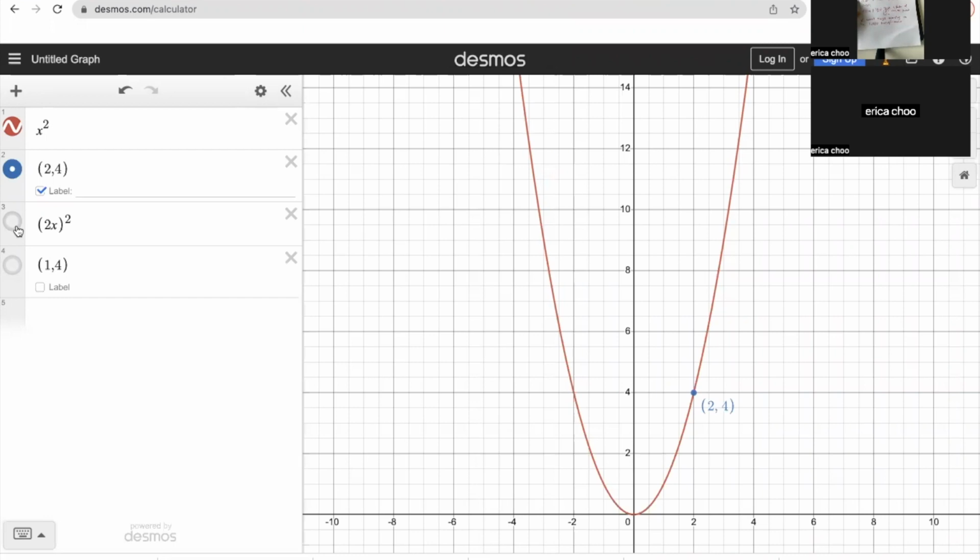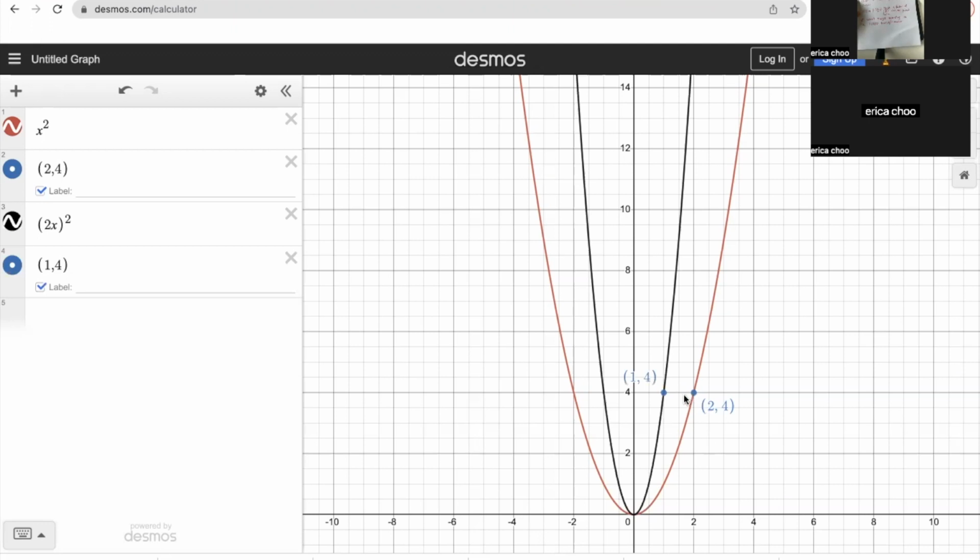So obviously what you're doing is you're replacing x with 2x, okay? So that becomes (2x) squared. Now the dilation, the word transformation, is dilate a factor of half from the y-axis. And since we know that this has an effect on the x values, therefore, at the point (2, 4) on the original function, the red is the original function, it will become (1, 4), okay, where you're changing the x value by multiplying it by a half and the y value stays the same.